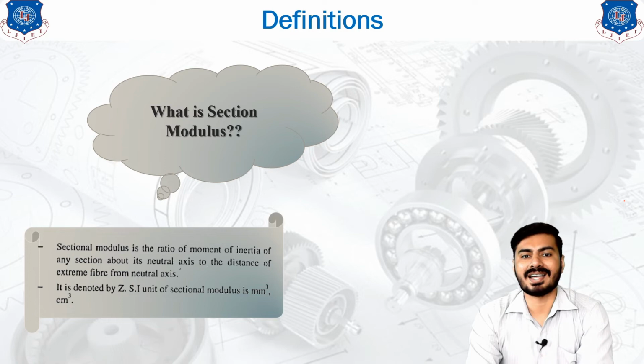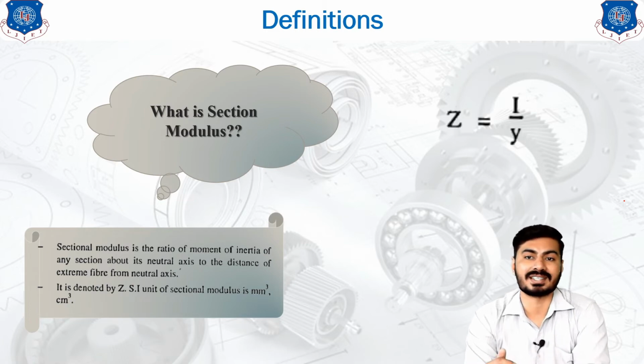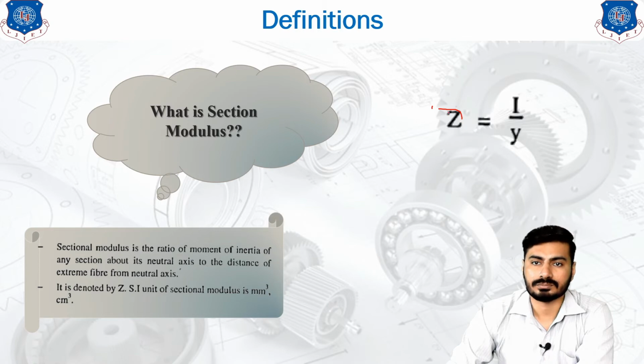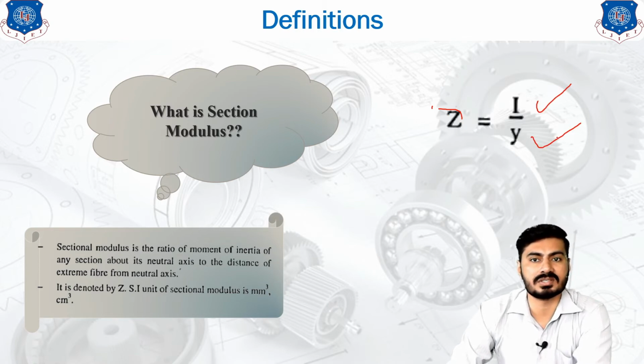It is denoted by Z, and its SI unit is mm cube or centimeter cube. As you can see, Z can be represented by I by Y. It is the ratio of moment of inertia upon extreme distance.